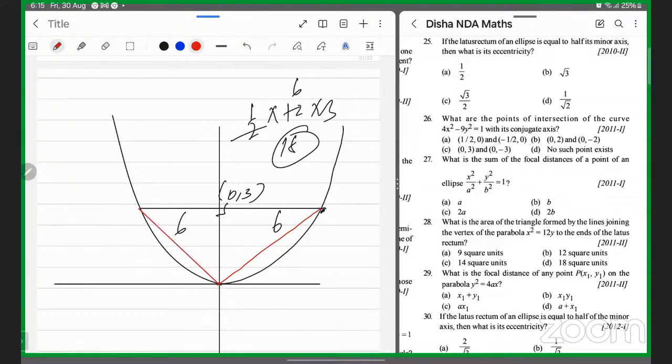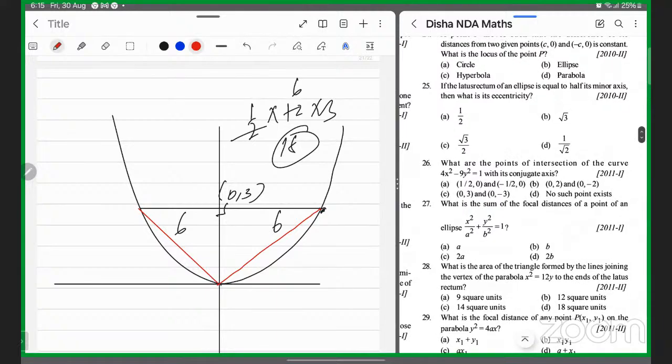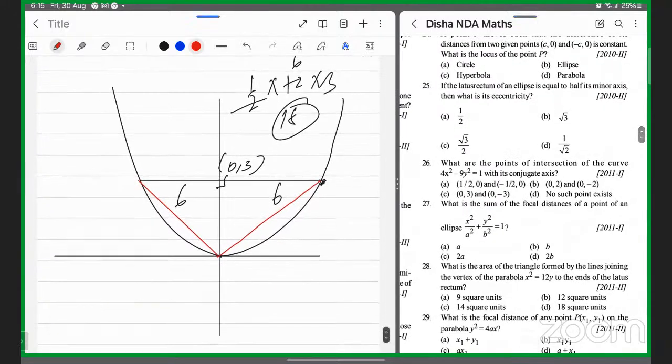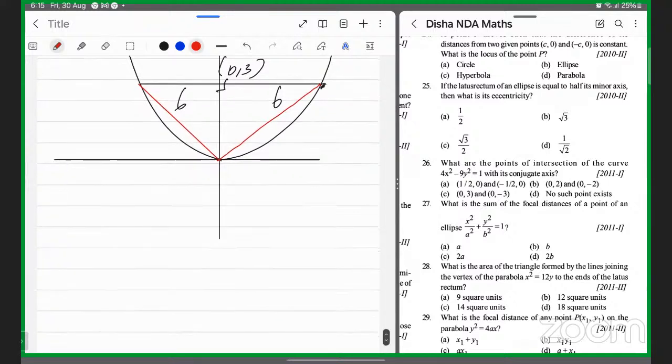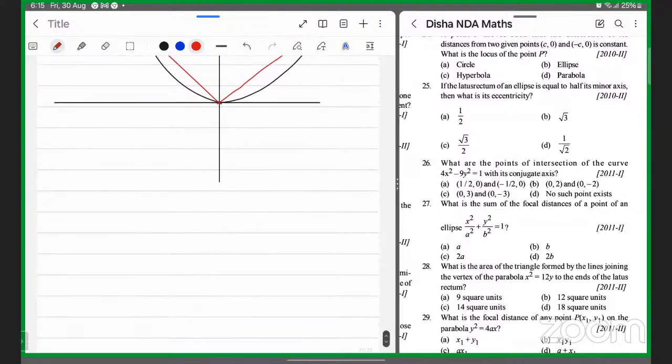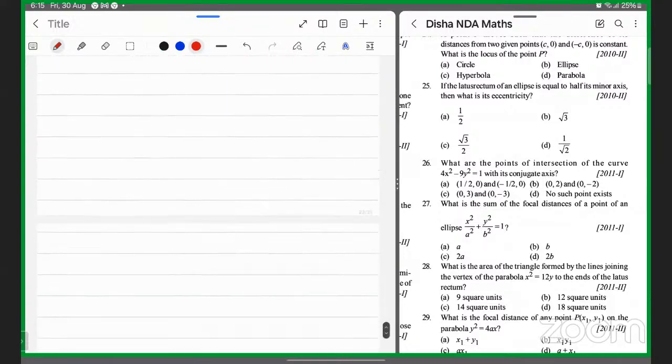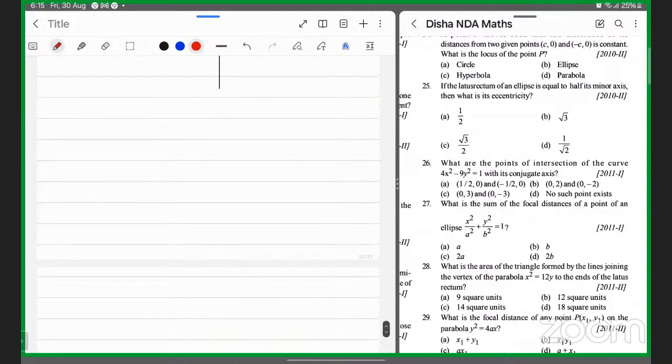Understood? Now solve 27. Hurry up, do it, everyone. Find the point of intersection of the curve with the conjugate axis.